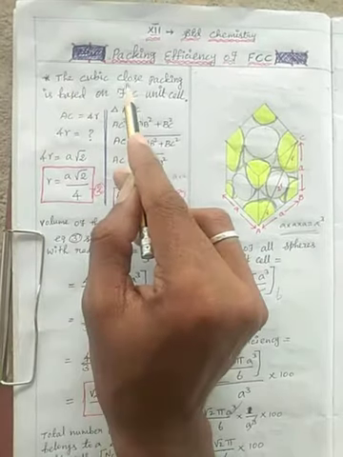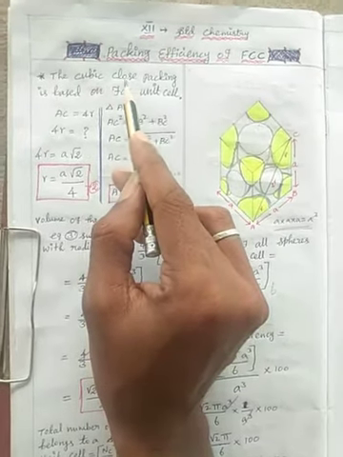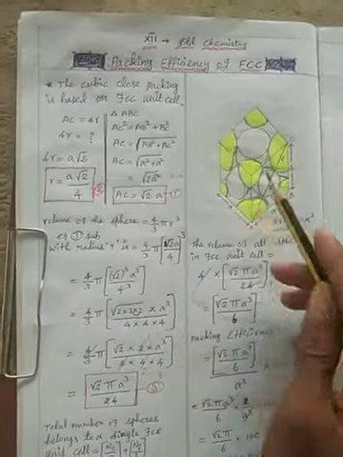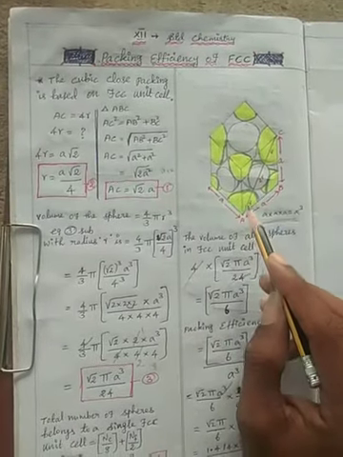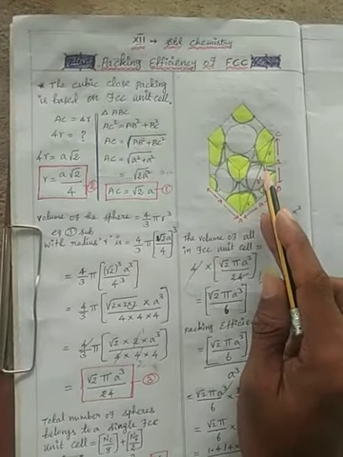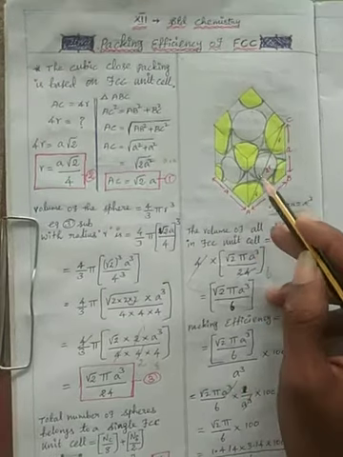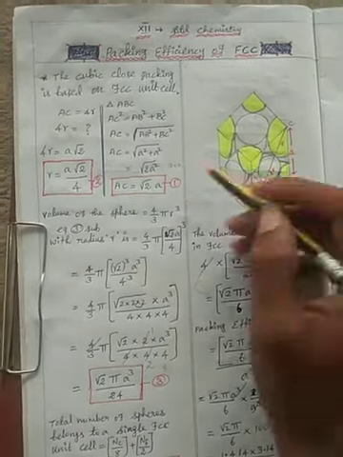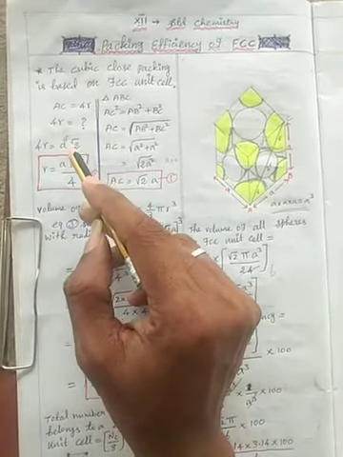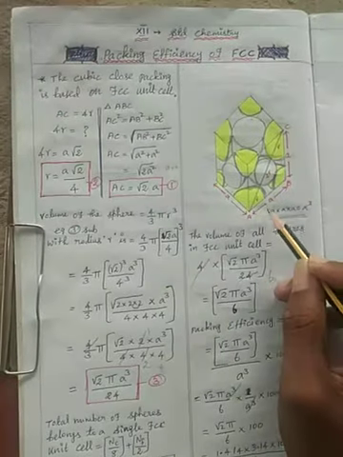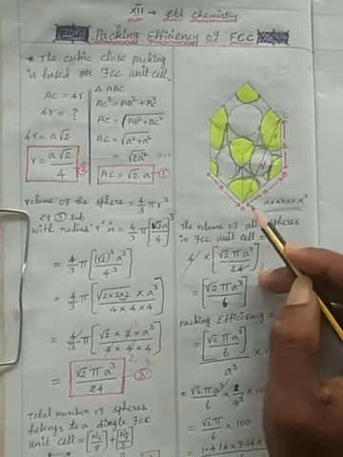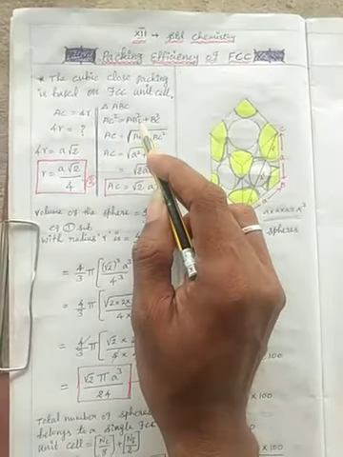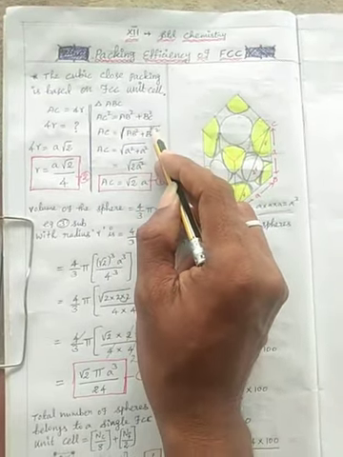The cubic close packing is based on the face-centered cubic unit cell. To find R, 4R equals AC of triangle ABC. The formula is the Pythagorean theorem: AC squared equals AB squared plus BC squared.